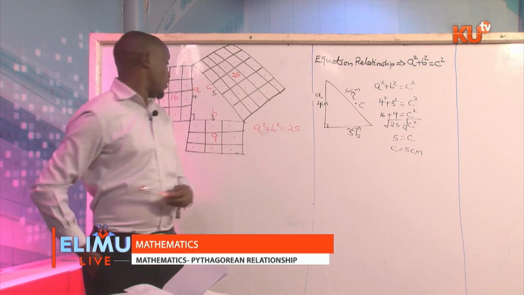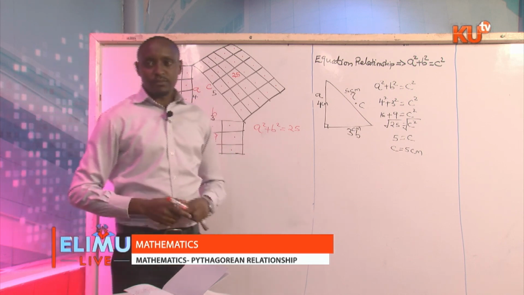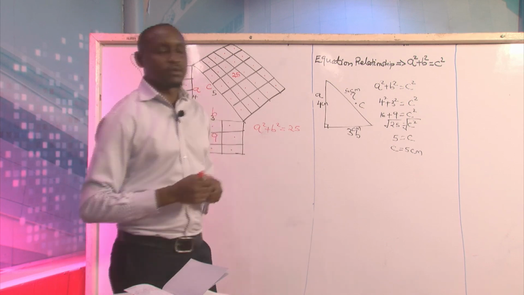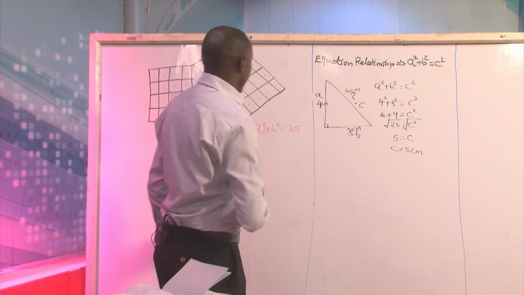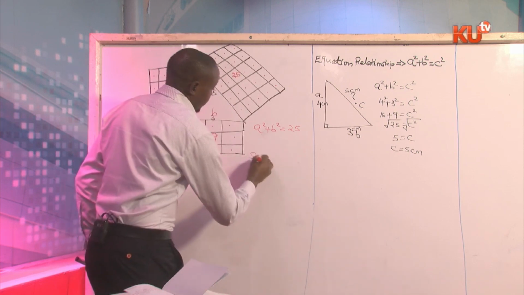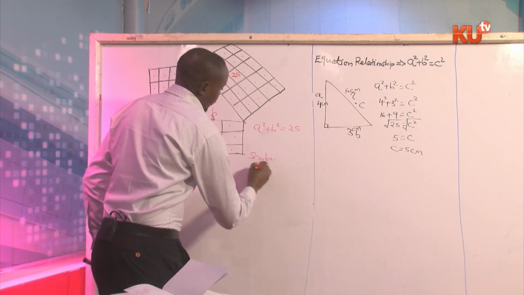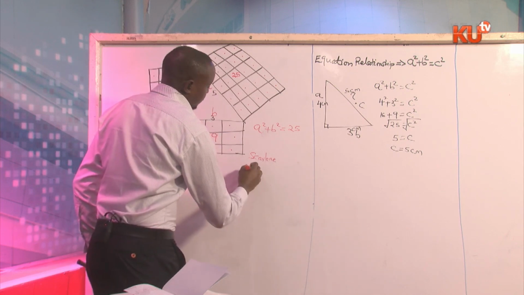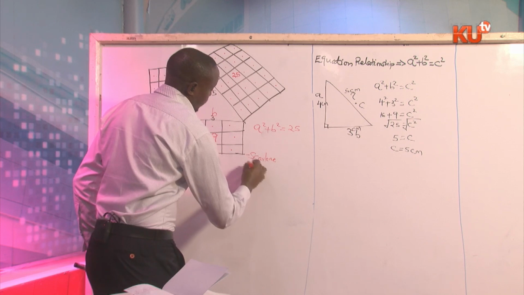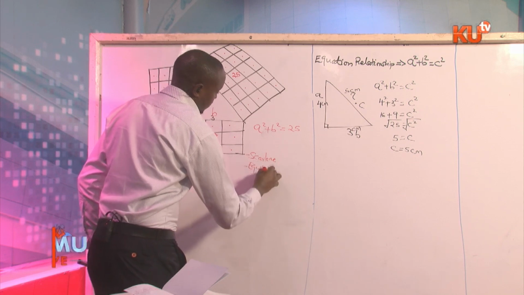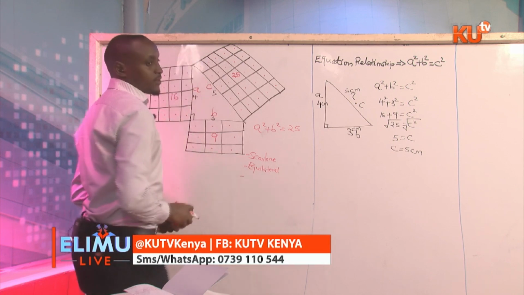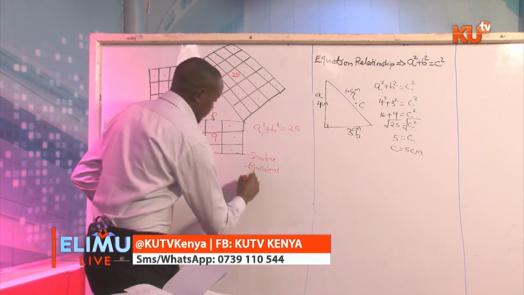Remember, students, this does not apply to other types of triangles. We have other triangles like the scalene, the equilateral triangle, and we also have the isosceles.